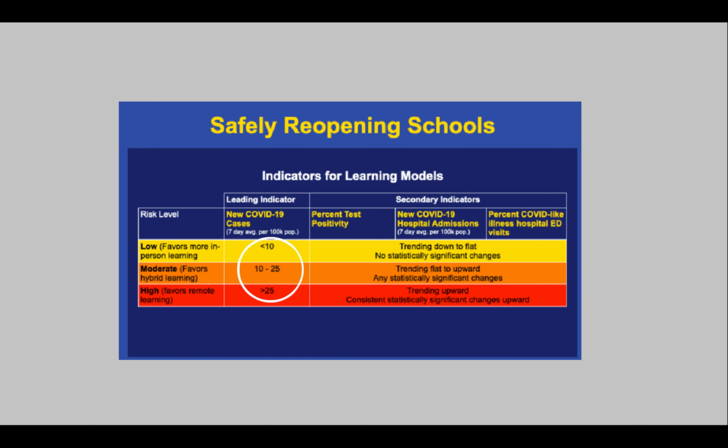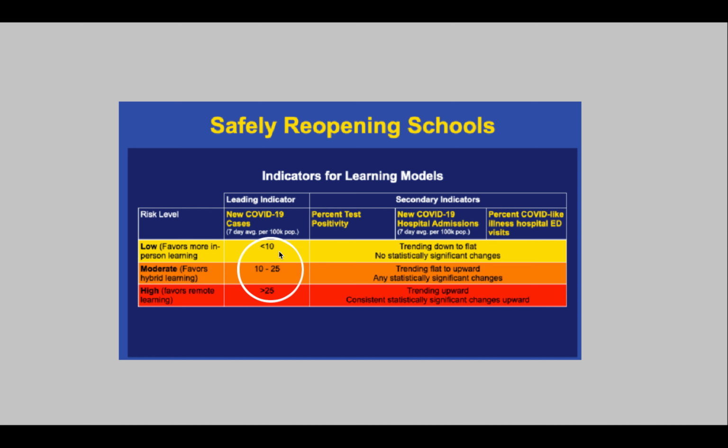I think you may have seen this. This is the governor's slide on the metric that we would be using to make decisions about when it's safe to have school in person, whenever that metric is less than 10. Oh, look, if you look at the little footnote here, 7-day average per 100,000 population, we just did that.